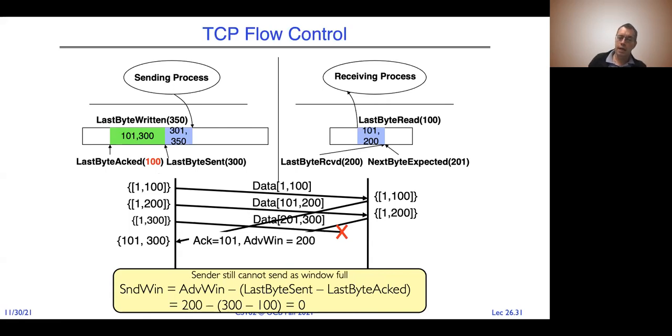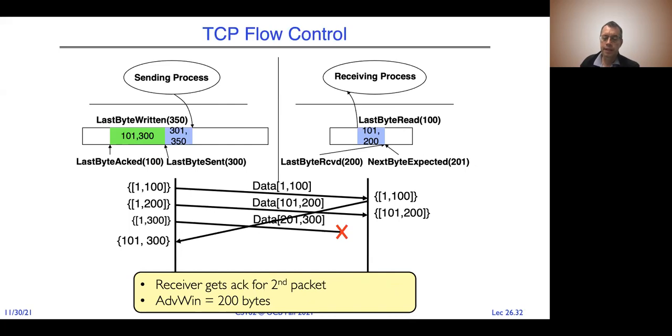So yes, I removed the 100 bytes that the receiver told me it received. But I still have 200 bytes which are not acknowledged, and the receiver told me that it can only receive 200 bytes without being acknowledged. So I cannot send anything.